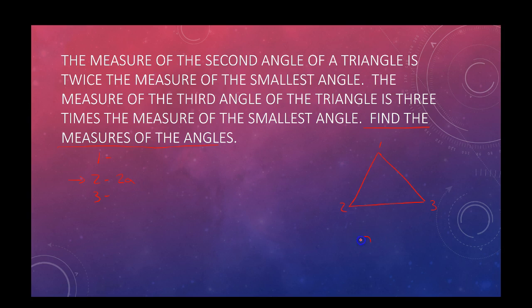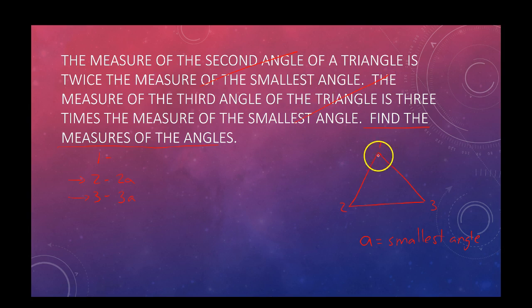So our A is representing our smallest angle. That took care of that first sentence. The second sentence says the measure of the third angle is 3 times the measure of the smallest angle. So angle 3 is 3 times the measure of the smallest. Takes care of that one.